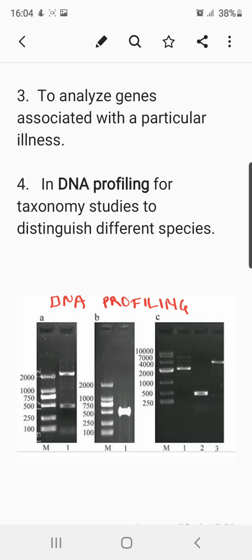So this is all about the functionality and importance of gel electrophoresis, which basically helps us to analyze and bring out the particular DNA fragment for biotechnological experiments.